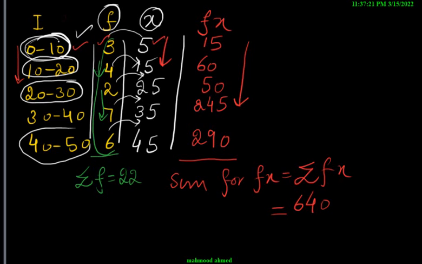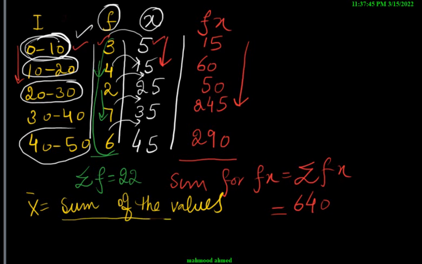Now we know that the formula for the mean x bar is the sum of the values of the data over the number of values, or the sum of the frequencies, which also represents the number of values.